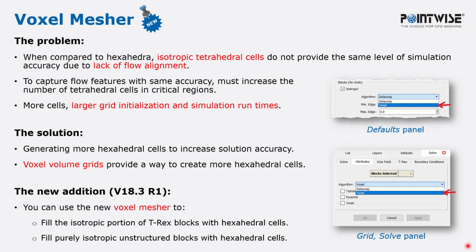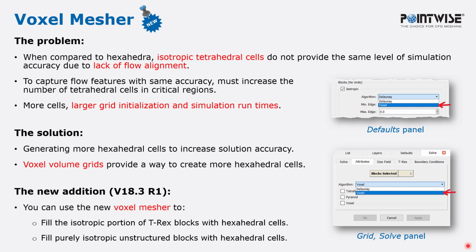Now that we know the kind of geometry that we're going to be working with and the general structure of the interior voxel block that we will be creating in this video, let's take a look at why this capability was added to Pointwise. So what was the problem that we were trying to resolve? When you compare hexahedral cells with isotropic tetrahedral cells, well, the isotropic TETs do not provide the same level of simulation accuracy, and that is because of their lack of flow alignment.